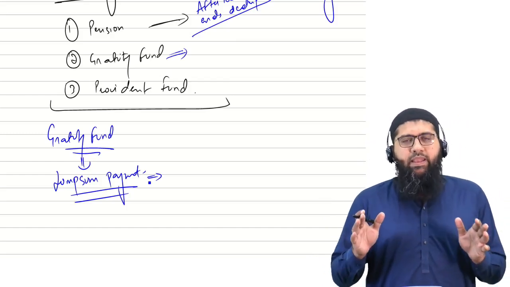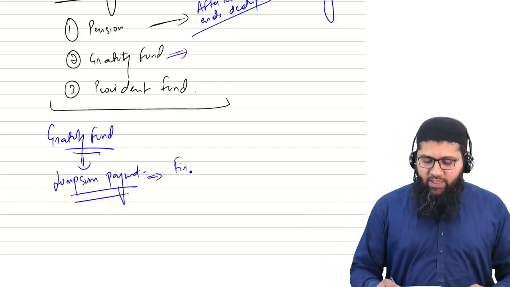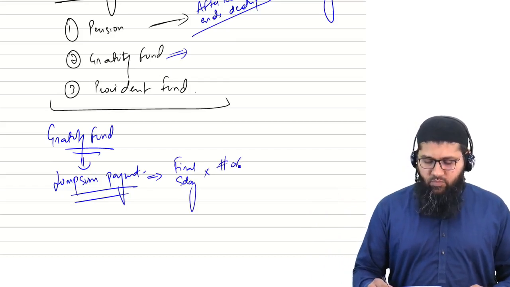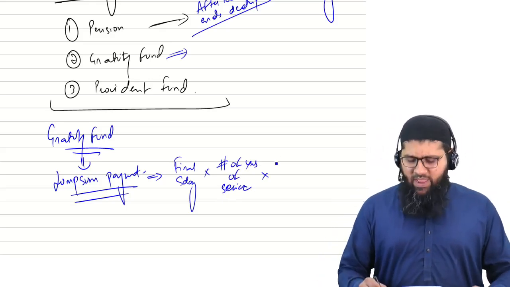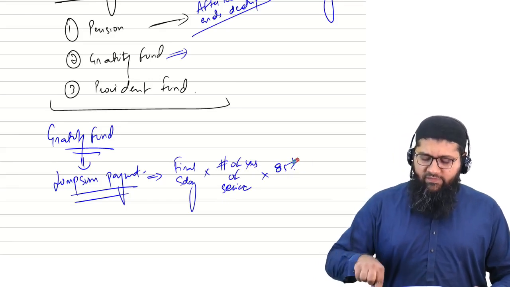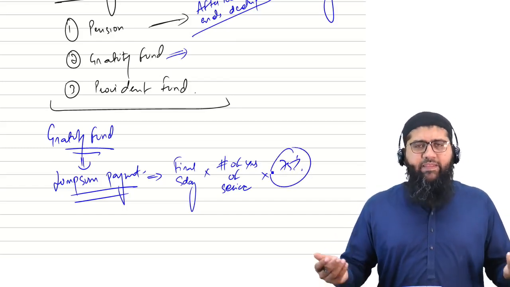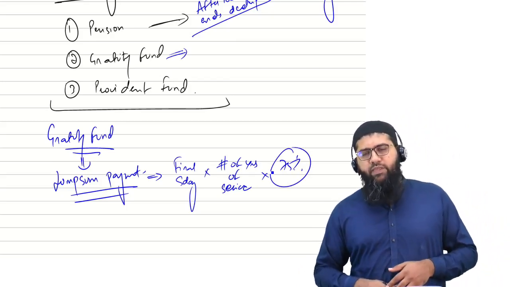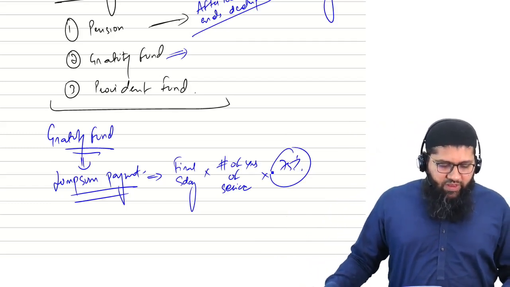It could vary according to the labor laws of the country, but generally the formula is like this: final salary, multiplied by number of years of service, multiplied by, let's say, 75% or 85%, or even not multiplied by anything. The formula could vary.